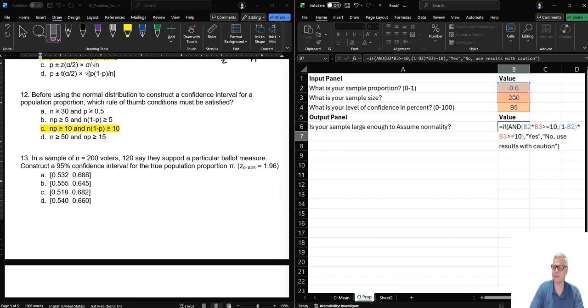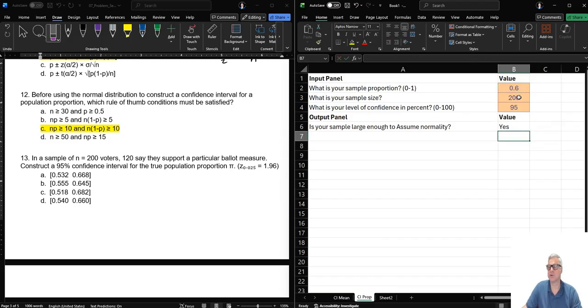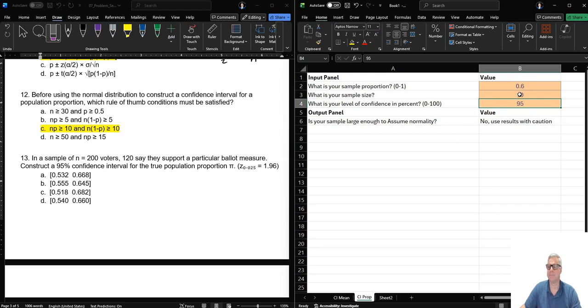Okay, something like this. So you see, if I had a very small sample size, maybe only 10, it says no, use results with caution, because now the condition is not met. But we had 200.